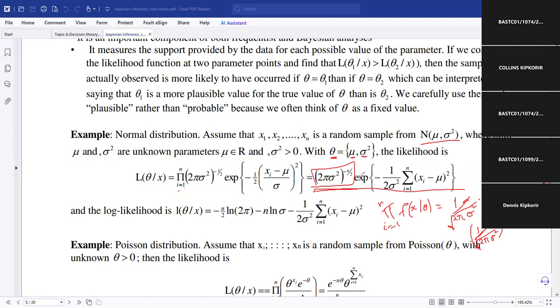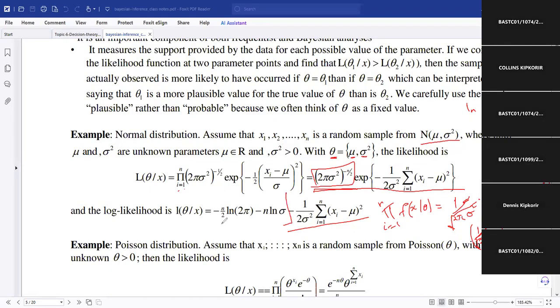So if I take the natural log, ln, basically a log base e, meaning it is a natural logarithm, when I find the log base e of an exponential, the exponential disappears, and that is why I remain with this part as 1 over 2 sigma squared, the summation from i equals 1 to n of (xi minus mu) squared. The way we are obtaining the other part that we have here is from getting the log of this.